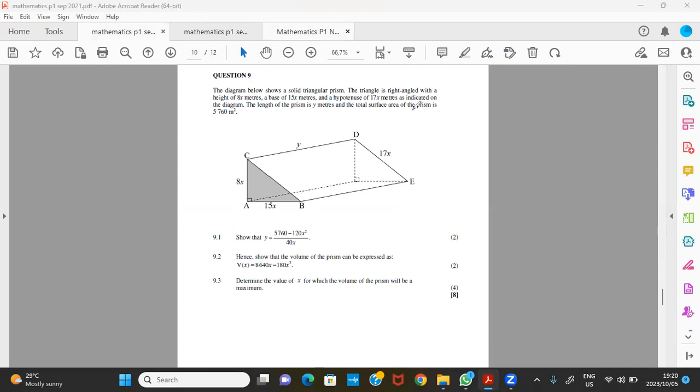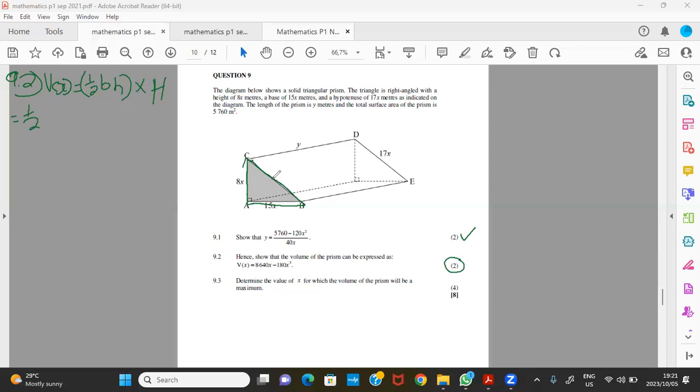Let me just quickly. So we are at 9.2. This is nothing too difficult because it's only 2 marks. So our V of x is going to be half times base times height, and then times the bigger height. Please listen carefully.